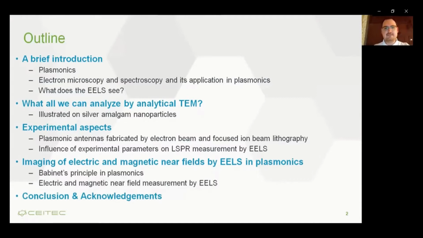The last part of my talk will deal with imaging of electric and magnetic near fields by electron energy loss spectroscopy in plasmonics. I will say a few words about Babinet's principle in plasmonics, and then I will end up with electric and magnetic near field measurement by EELS.